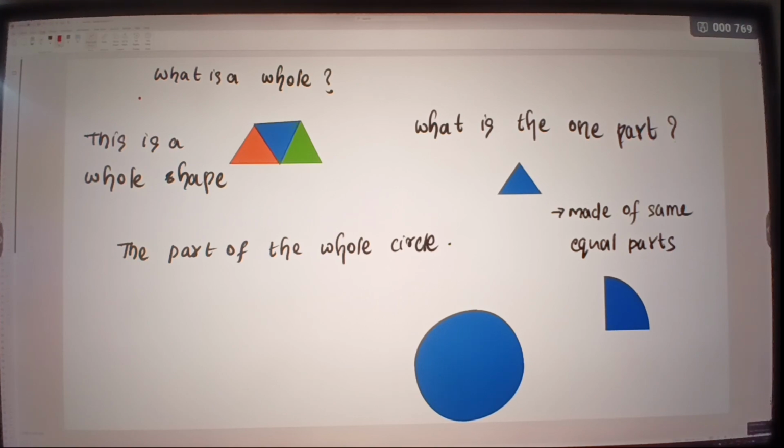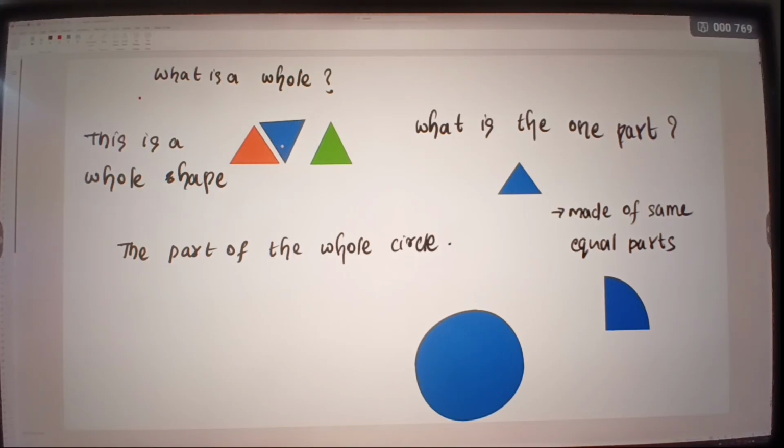A fraction is related to a whole shape. A whole thing can be either a group of animals or a group of flowers, or consider a shape itself as a group. This shape is made up of different parts.